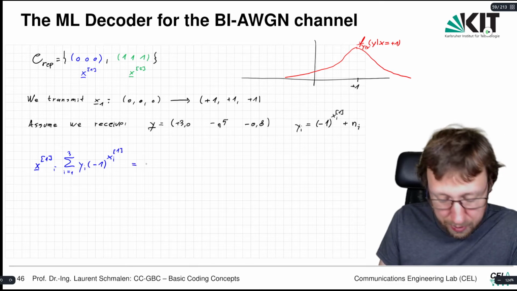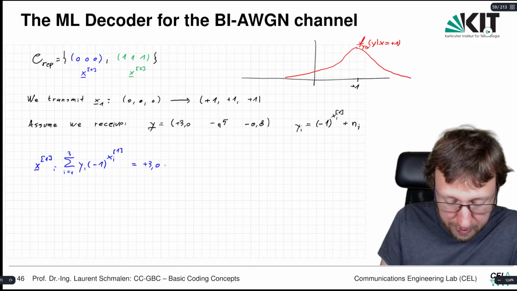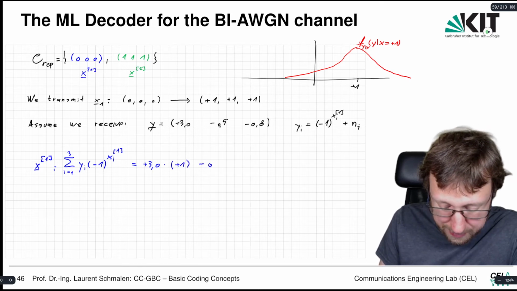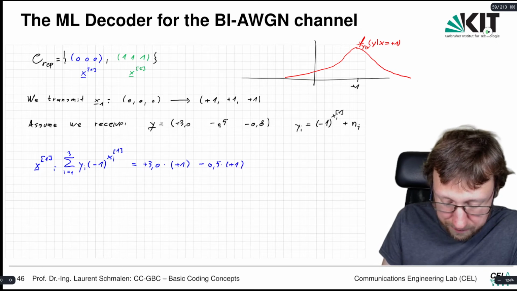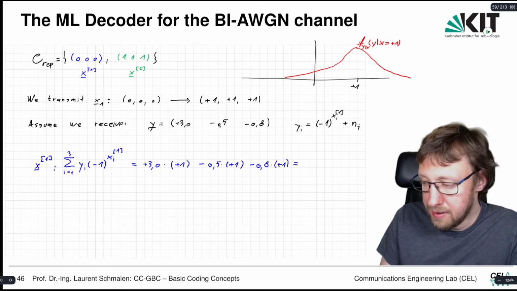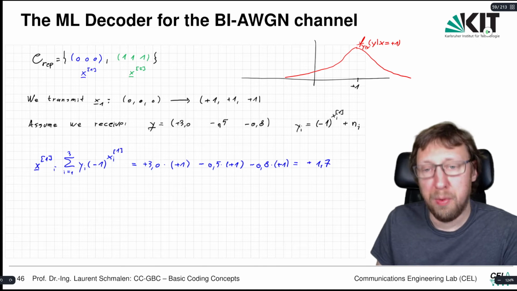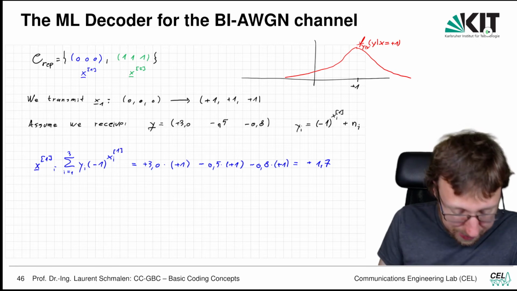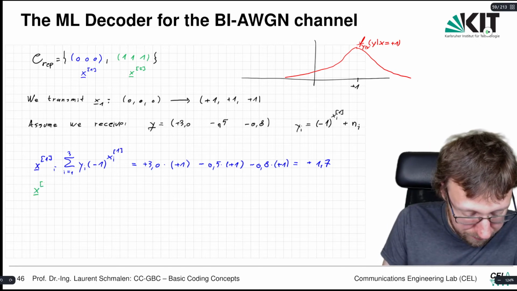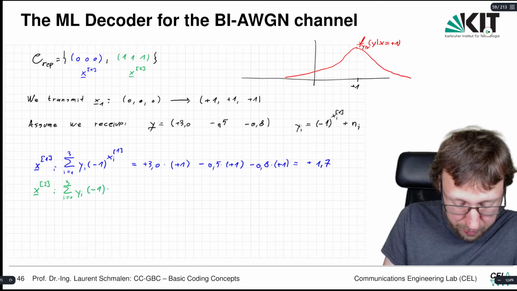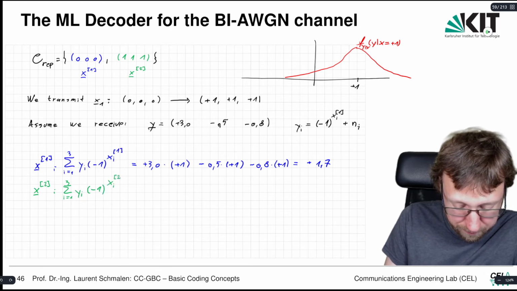We calculate the sum from 1 to 3 over yi times (-1)^(xi1).